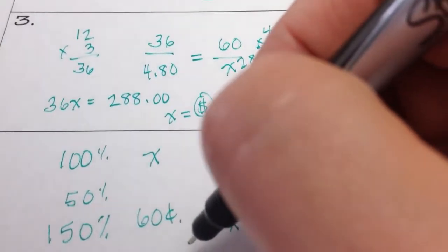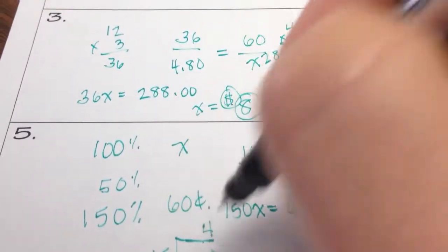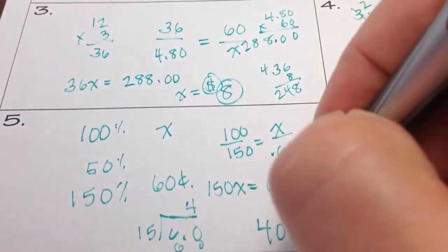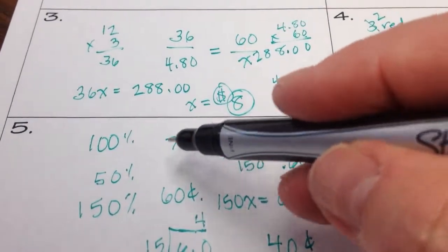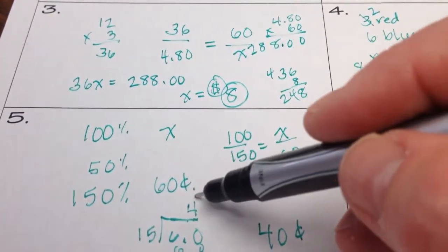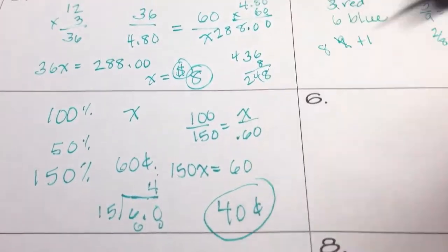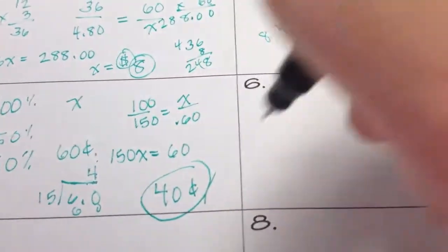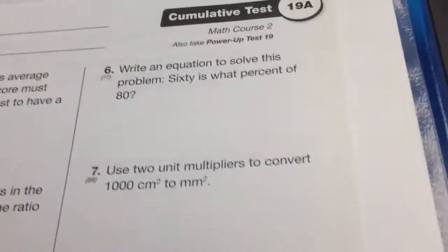And 15 can go into 6, what, 4 times? Is that right? So x equals what? 40 cents. It was 40 cents before. We raised it by 50%. Then they had to pay 60 cents per pound. So it's 40 cents per pound.